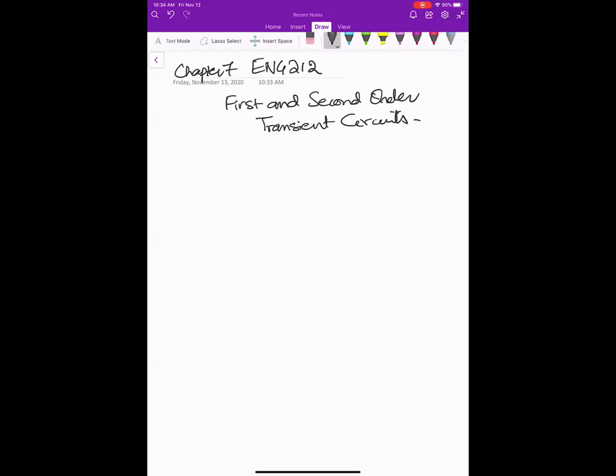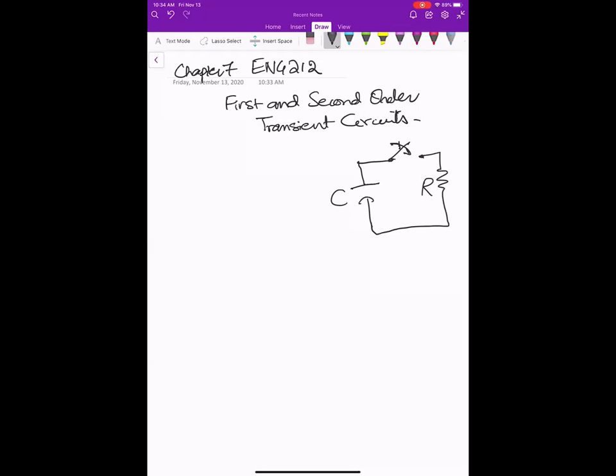So let's say I'm starting from this, that if this is your circuit, and in this chapter, we will be talking about transient state, steady state, and how we are shifting from transient state to steady state.